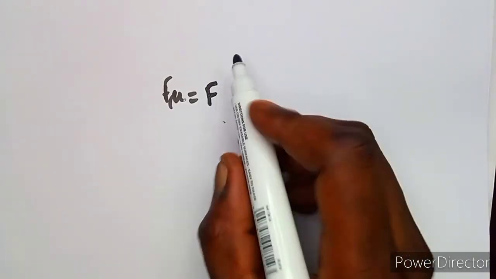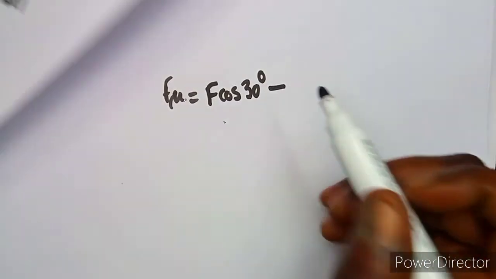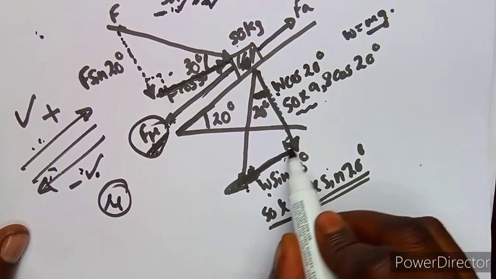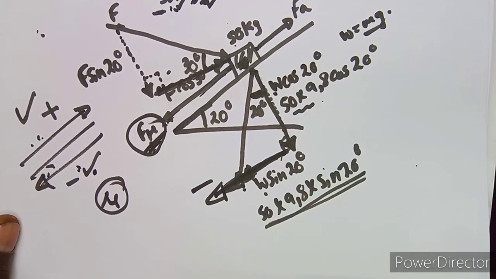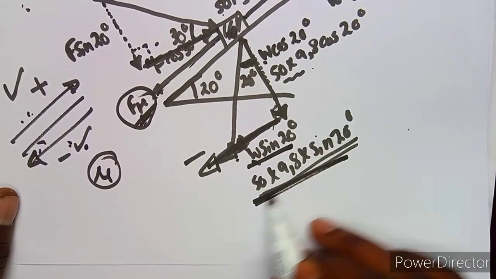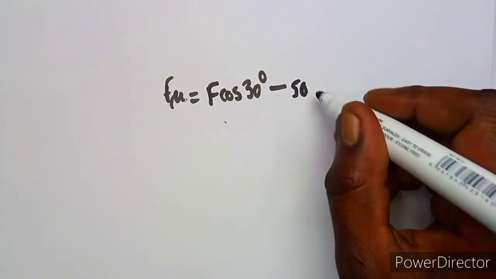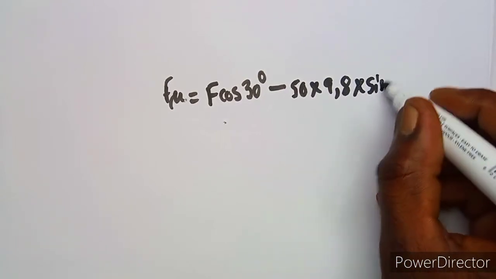It's going to be F cos 30 degrees minus the one that is opposing, because this is going this direction and this is going this direction, so it's going to oppose, to subtract. So you subtract W sine 20, which is this part here that we wrote. So it's going to be minus 50 times 9.8 times sine 20.